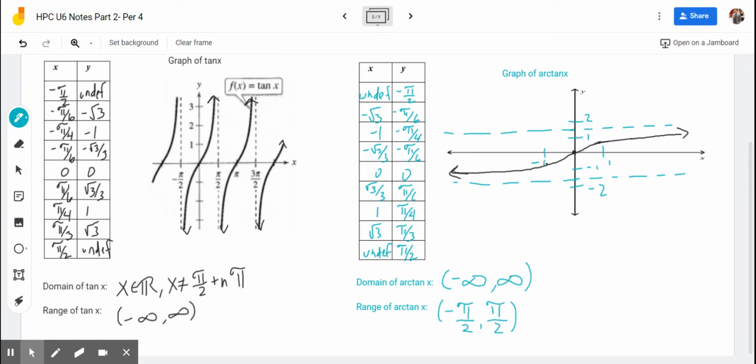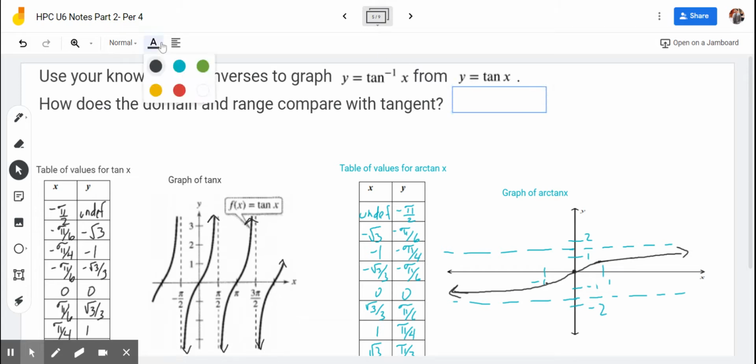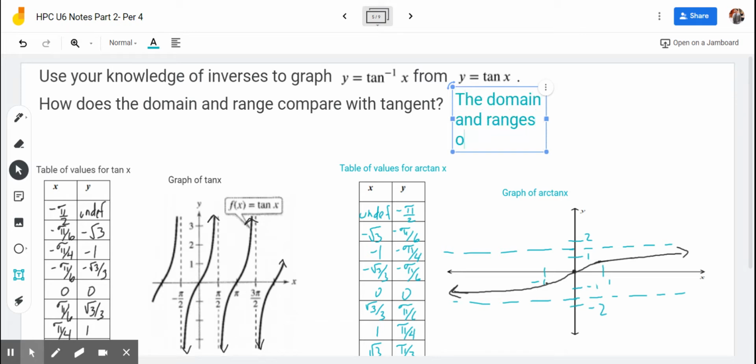Basically our output of answers is going to be limited to just negative pi over 2 to pi over 2. How does the domain and range compare with tangent? The domain and range of tan inverse are interchanged with tan.